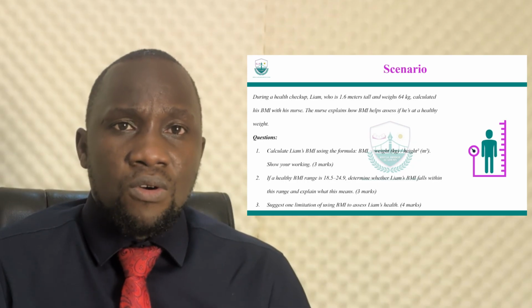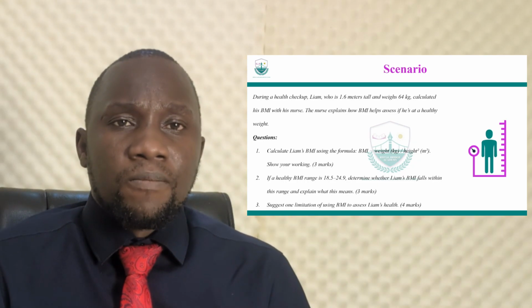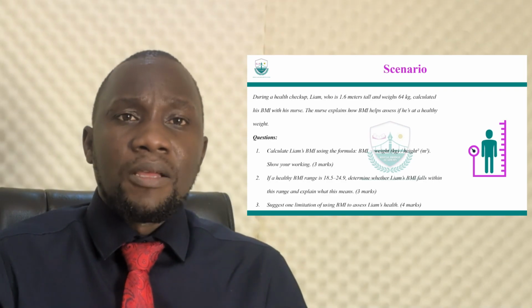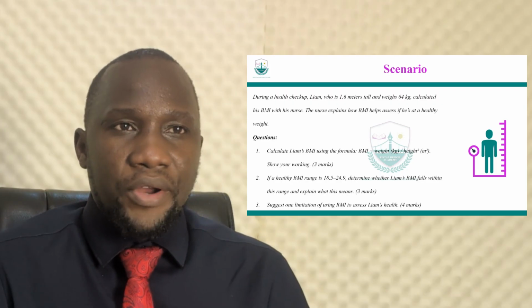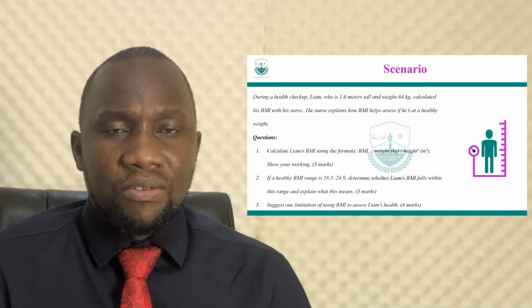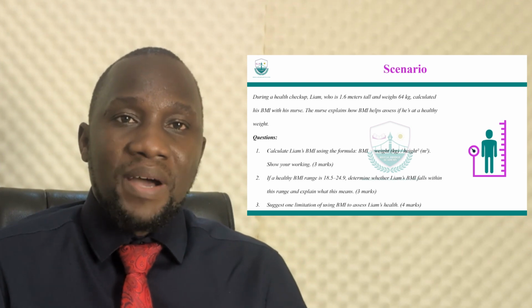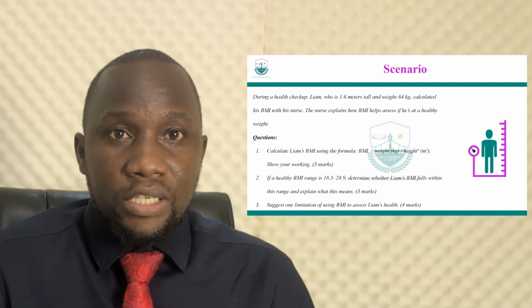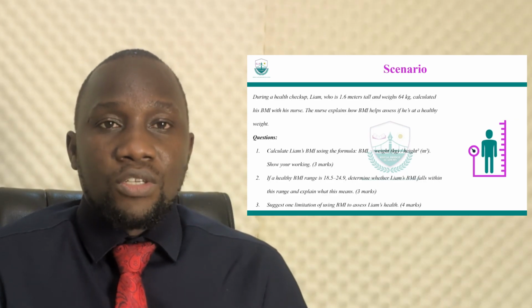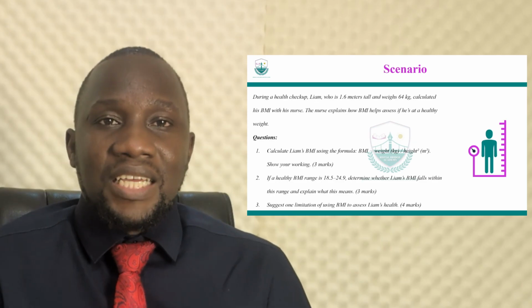Is it normal or abnormal? Is it falling above the normal range or below the normal range? Can you explain one limitation associated with body mass index? So that's the scenario we are having here, and we need to use it to explain what the body mass index is and how we take the body mass index.